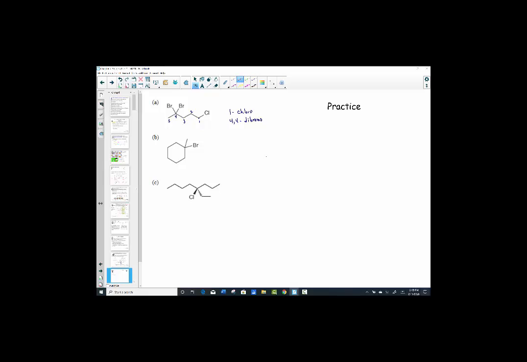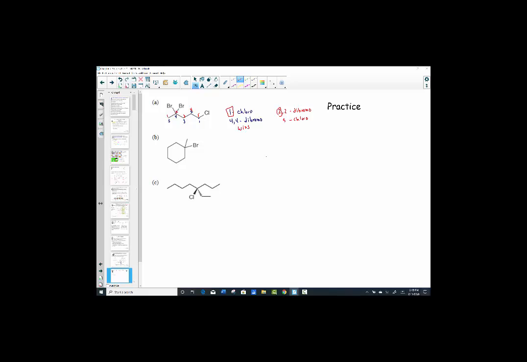What if I numbered left to right? 1, 2, 3, 4, 5. I would have had 2, 2 dibromo and 5 chloro. So the first point of difference obviously is right here. 1 is a lower number than 2, so this wins.